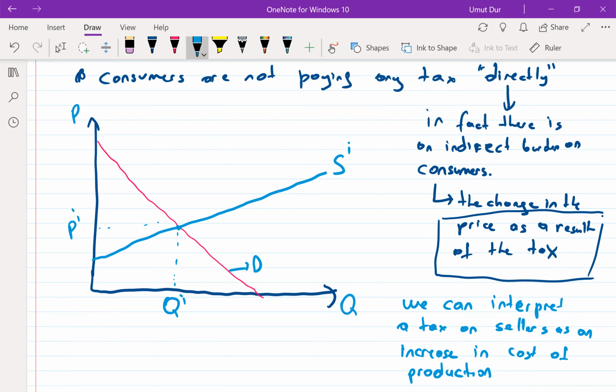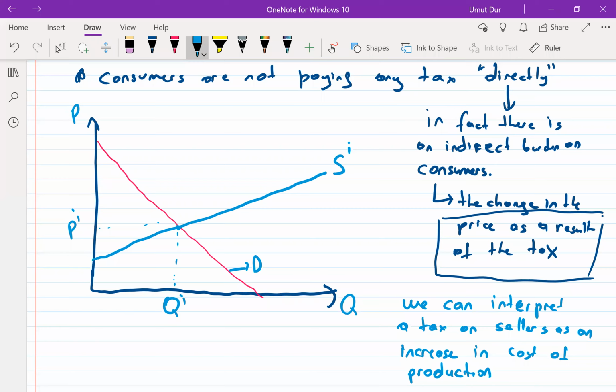What do I mean here? The tax can be interpreted as an increase in the cost of production. If I'm getting $10, since the government is getting $2 of that, I'm just putting $8 in my pocket, which means that I can interpret this as the cost of production for each unit having increased by $2.